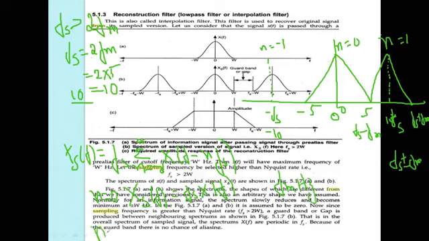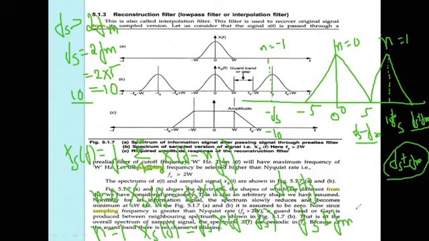Now if I am taking n is equal to 1, X delta of F is equal to Fs X of F minus Fs. In this case, it is Fs plus or minus Fm. So see here Fs minus Fm and Fs plus Fm, that is Fs plus or minus Fm value when n is equal to 1.